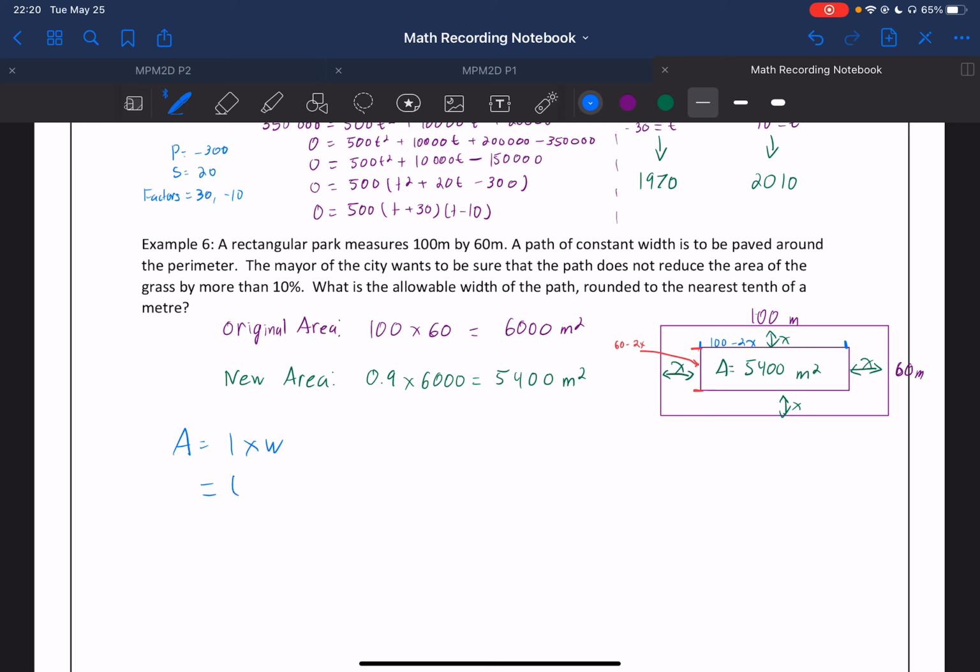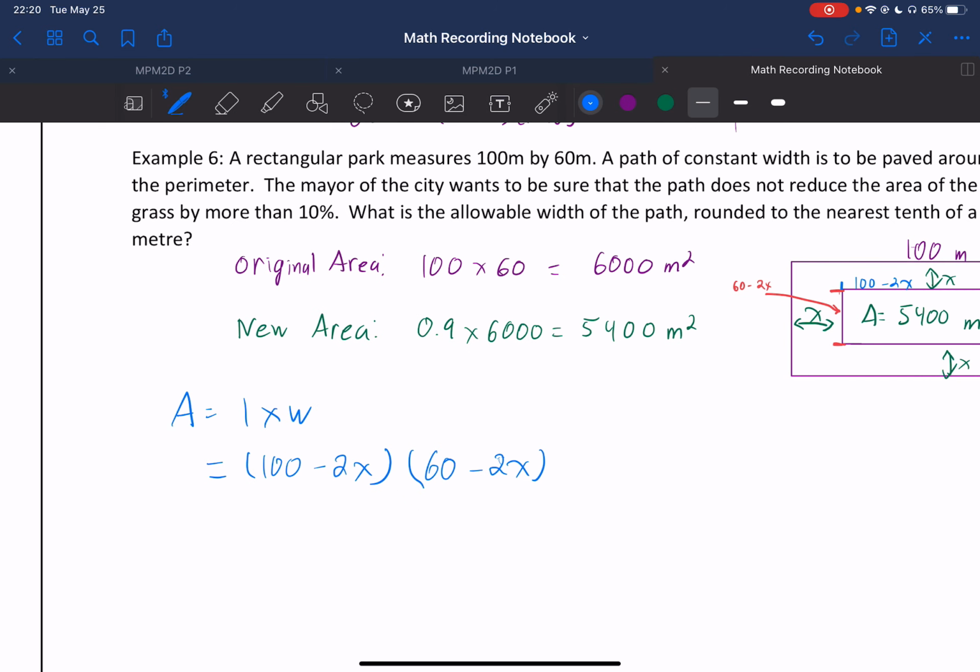We put that in here. 100 minus 2x. The amount of path that's being taken away, or gravel. And our width is the 60 meters taking away the two lengths of the new pavement to get rid of green space. And we know that all of this equals 5,400 meters squared. That's how much green space area we will have once that is paved. So we put that over in here.